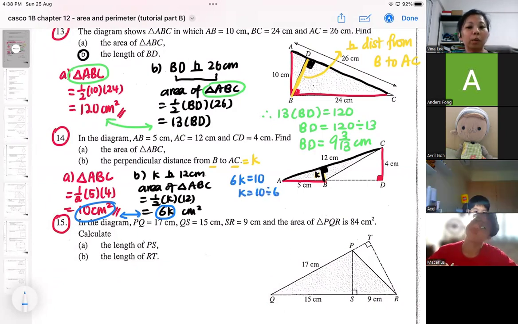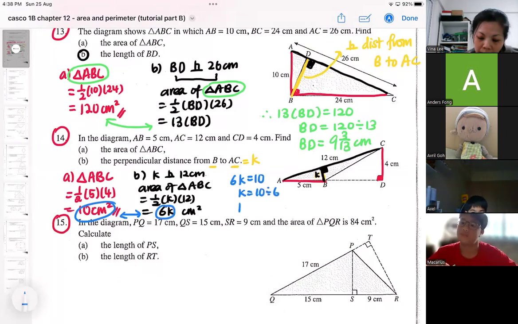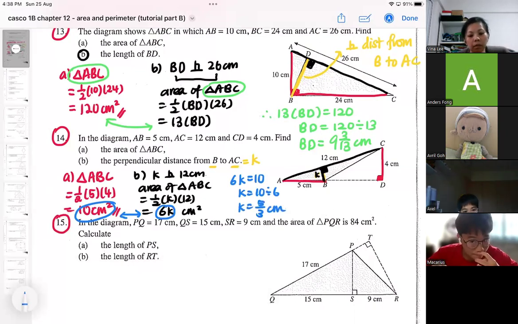It's just that I'm using a different 90 degrees. Again, it's the same area, but I'm using a different 90 degrees. So please take note. Sec 2, you need to use it. Sec 3, you need to use it also. You need to use this idea all the way until upper sec. That's why I'm emphasizing it today.